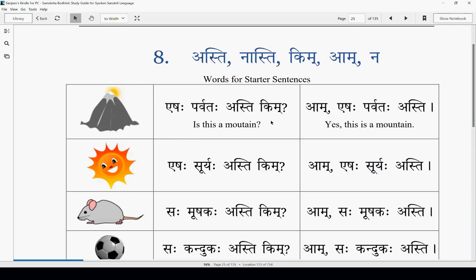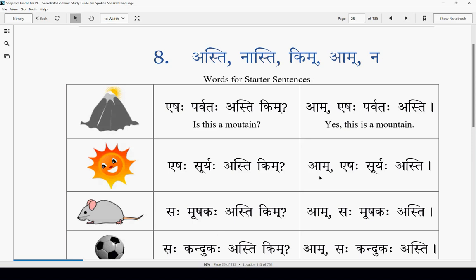Note that in Sanskritam, most of the nouns have lingams, one of the three lingas: Pullinga, Napunsaka or Strilingam. But some words don't have lingam, for example this one, no lingam. These are called avyayam. Avyayam means they are in a fixed form. They don't change.